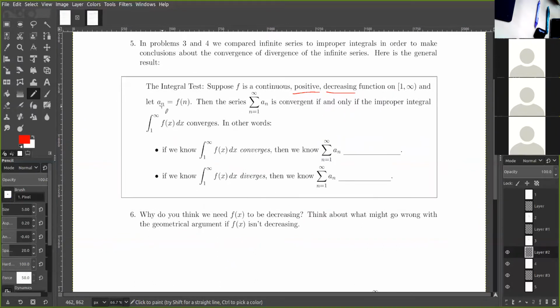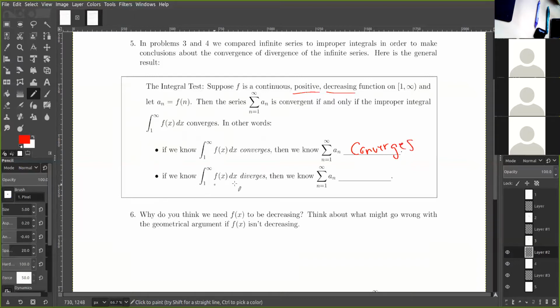On 0 to 1, and it matches the function on integers is equal to the value of the sequence of terms. Then the series is convergent if and only if the improper integral converges. In other words, if we know the integral of f converges, then we know that the series also converges.